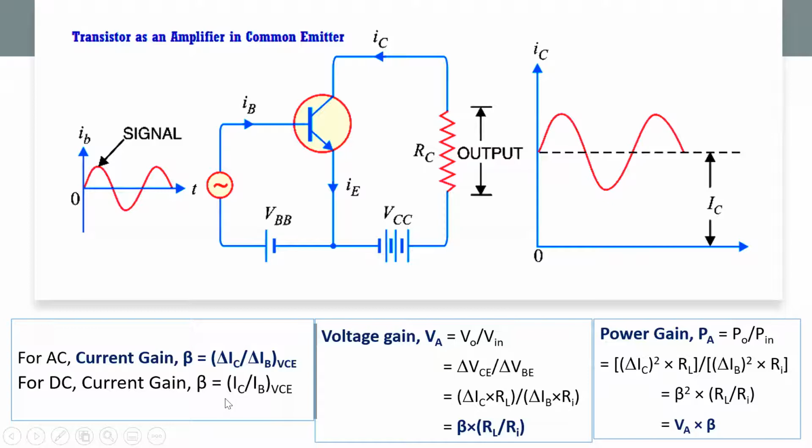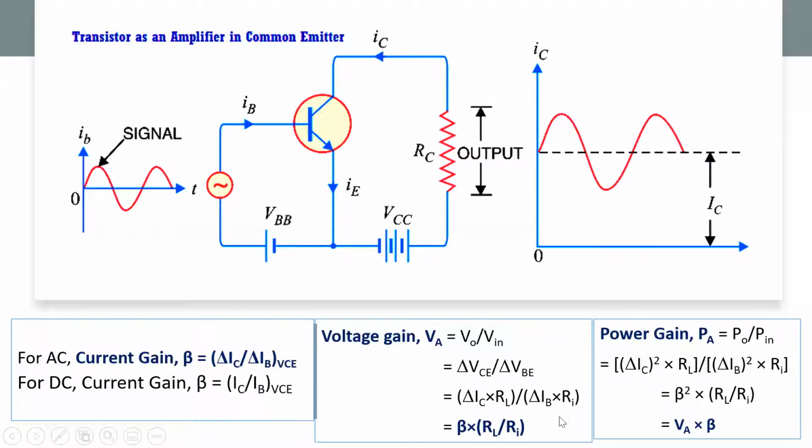And remember, all of them are dimensionless. See the current gain, current by current, ampere by ampere. So ampere gets cancelled, no unit for current gain. Voltage gain, output voltage by input voltage, volt by volt, so no unit and no dimension. Resistance by resistance, ohm by ohm.